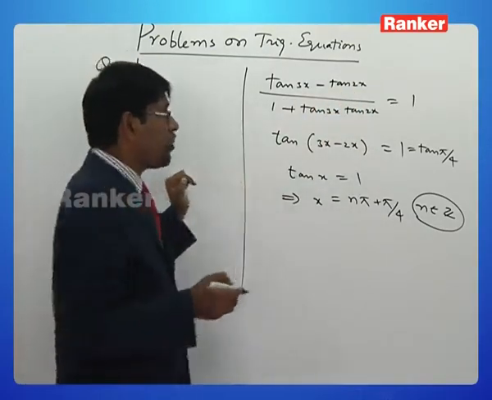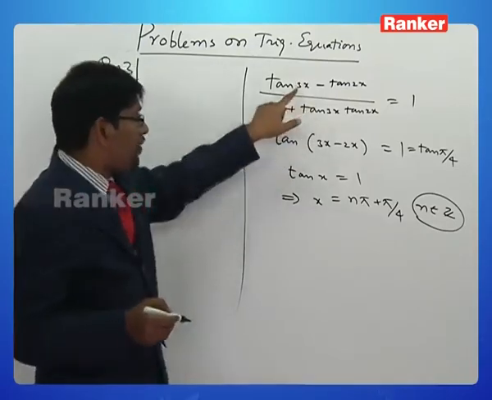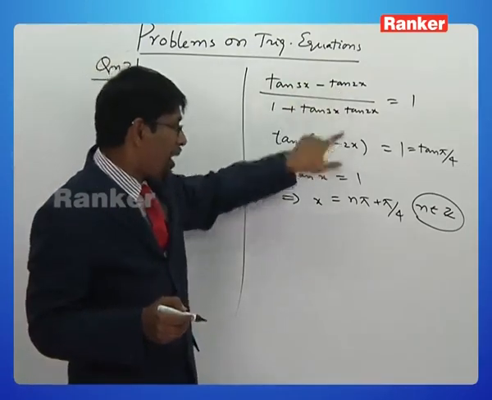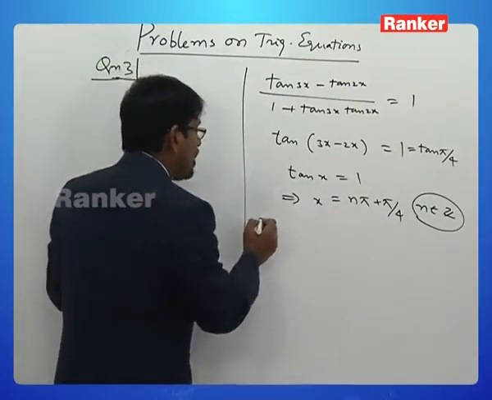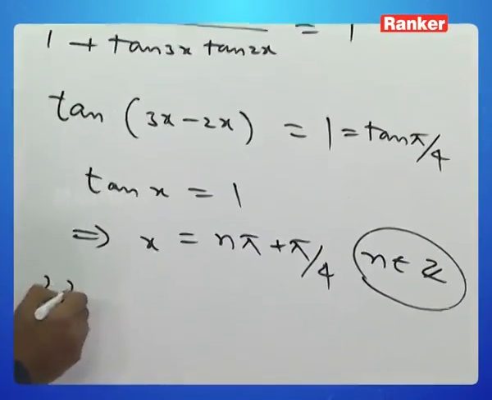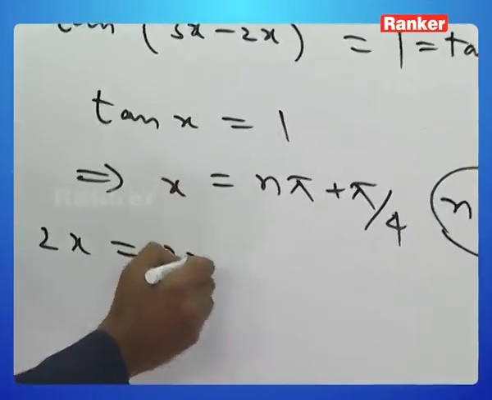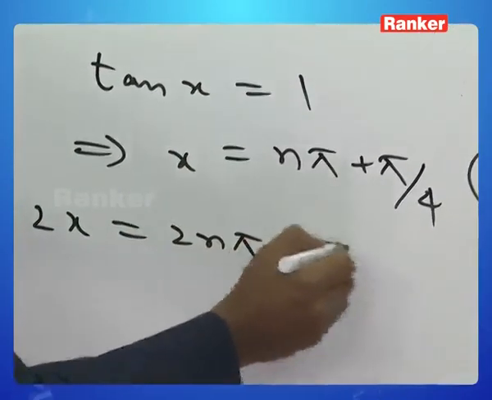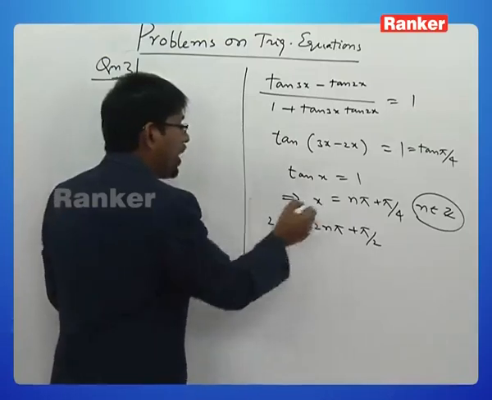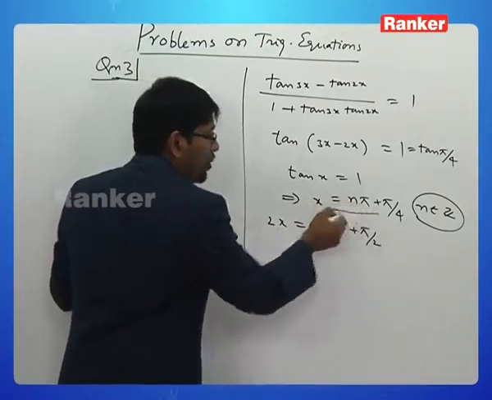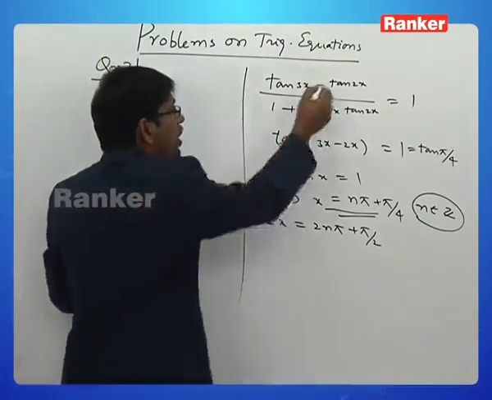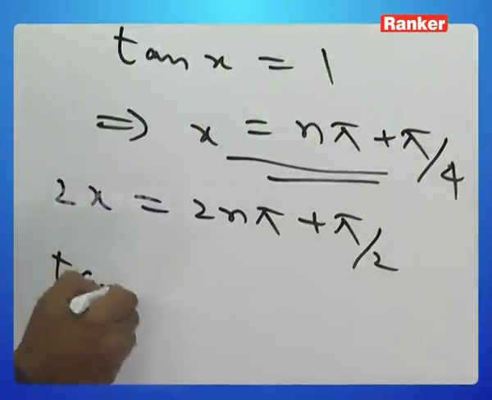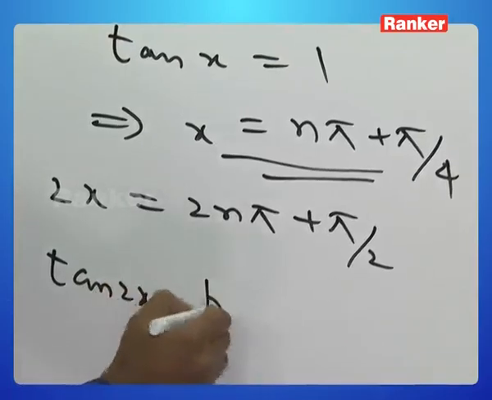What is the domain requirement? Every term in this should be valid when I put x equal to n pi plus pi by 4. We observe that if x is equal to n pi plus pi by 4, 2x will be 2n pi plus pi by 2, and tan 2x becomes undefined.